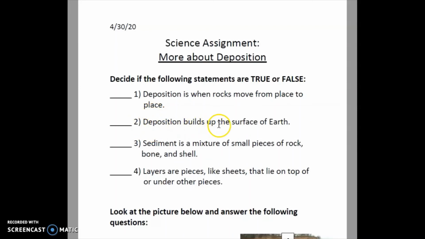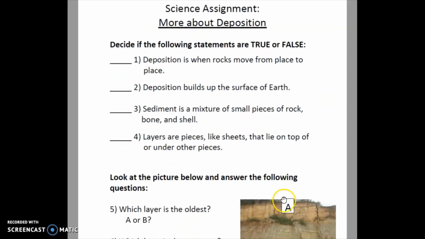Deposition builds up the surface of the earth. Number 3. Sediment is a mixture of small pieces of rock, bone, and shell. True or false? Number 4. Layers are pieces, like sheets, that lie on top of or under other pieces.